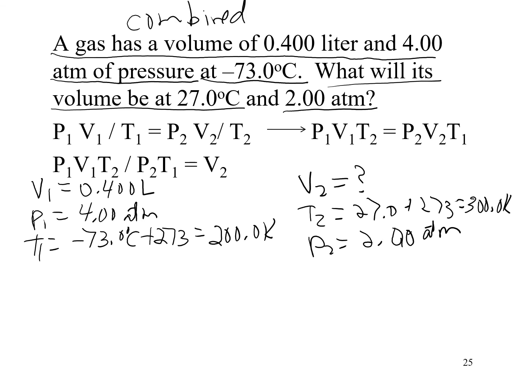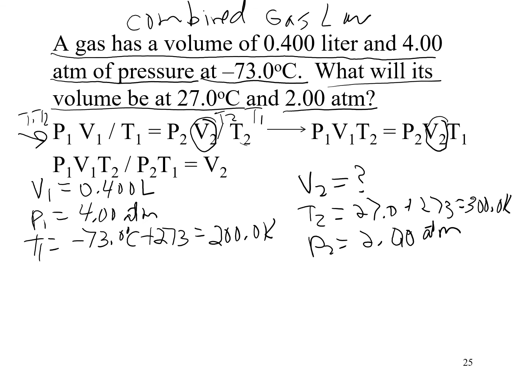Now, there are two options you can do. You can take your combined gas law, which is given here, and rearrange it to solve for V2. And that's what this is showing here. So if I want V2 by itself, I'm going to multiply both sides by T2 and multiply both sides by T1 because they're both on the bottom.